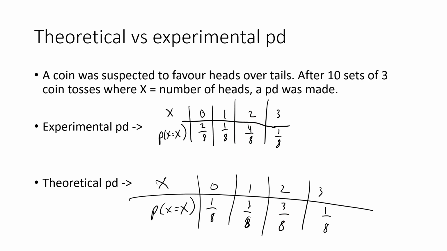As you go on to learn more about stats, you'll look at a chi-squared test, and with that you can see, is there a significant difference in these two results? If there is, you can maybe suspect that a coin that was used was weighted or somehow different, and had an influence over the results.